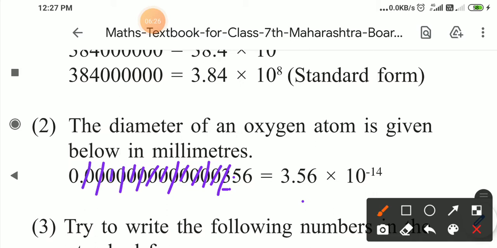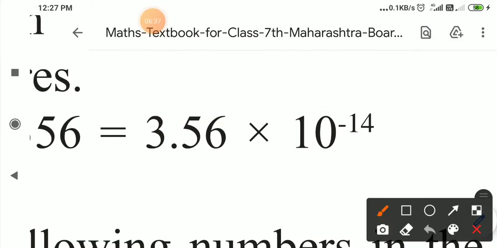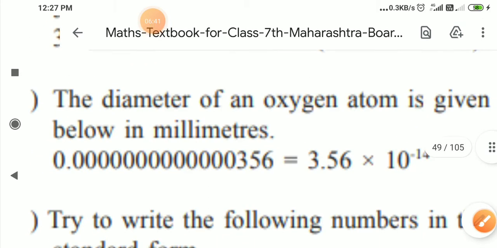So the decimal point is moving towards the right side, 14 digits here, and that's why the power is negative, because the decimal point is moving towards the right side.